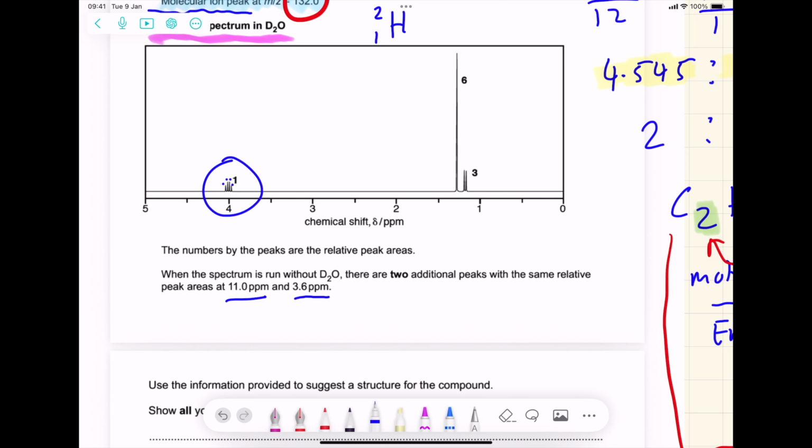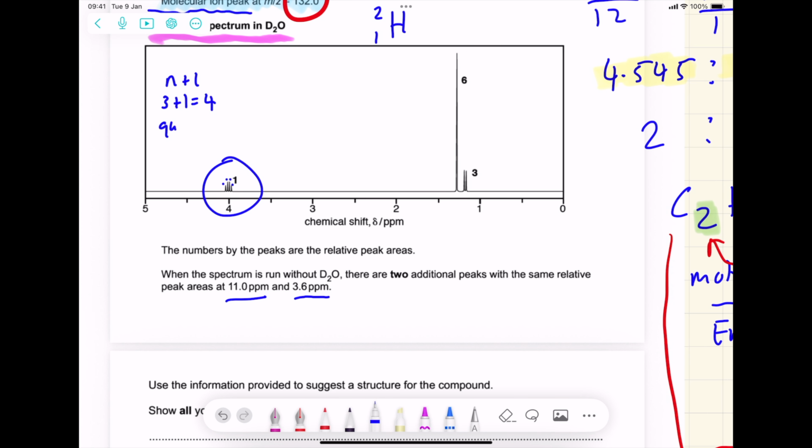And that quartet has an integration value of 1. There's just 1 hydrogen in that environment which is split into 4, a quartet, which means it must be next to a carbon which has 3 hydrogens on it. So according to the n+1 rule, I'm assuming you know what that means. n is the number of hydrogens on the adjacent carbon next to the environment we're considering. So n equals 3, so 3 plus 1 makes 4.